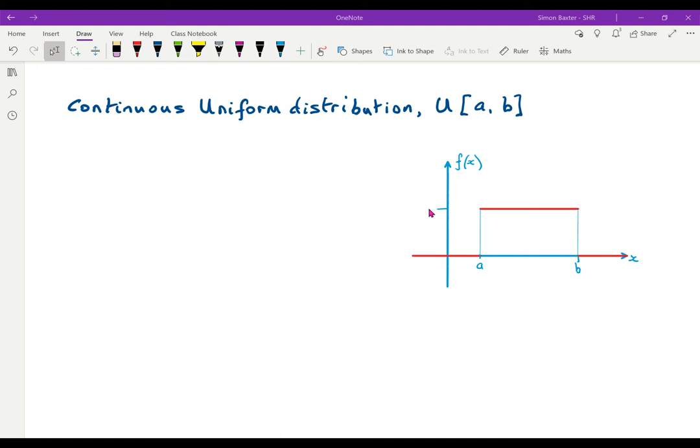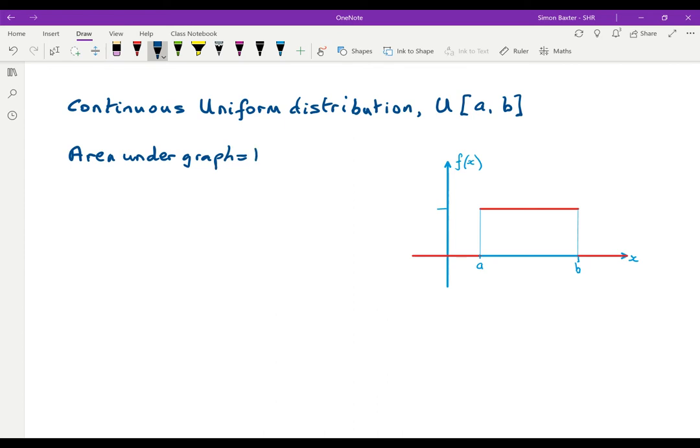What number am I going to put on the vertical axis here? What is the height of this rectangle going to be? Well, you should remember that the area under the graph is 1.